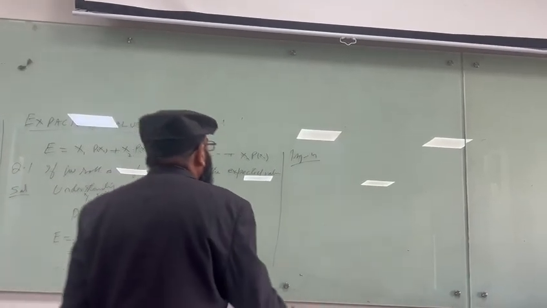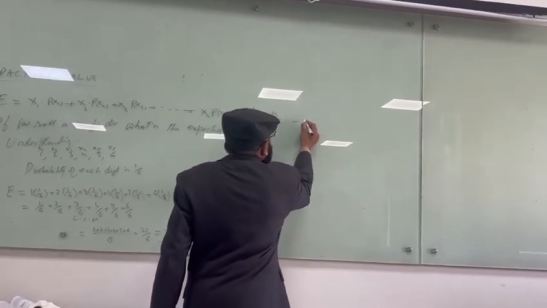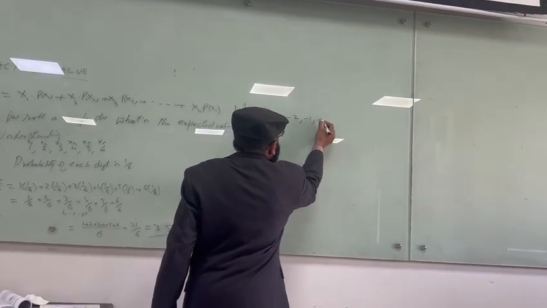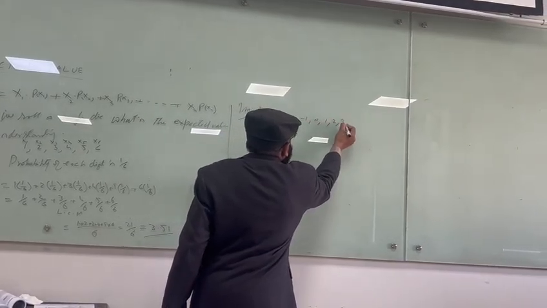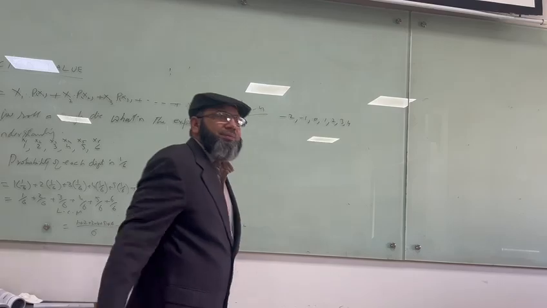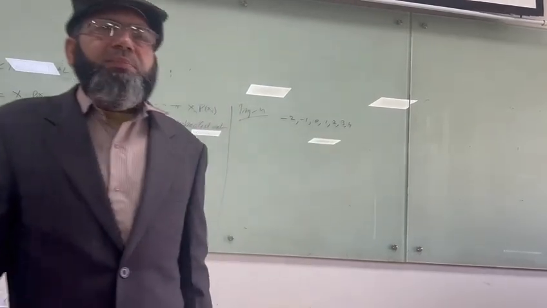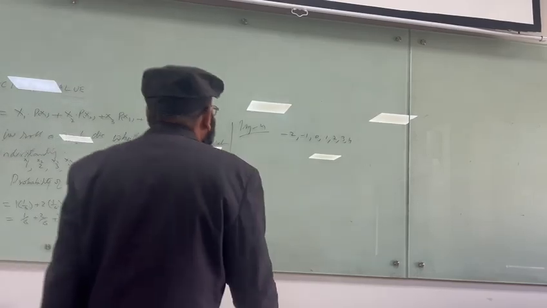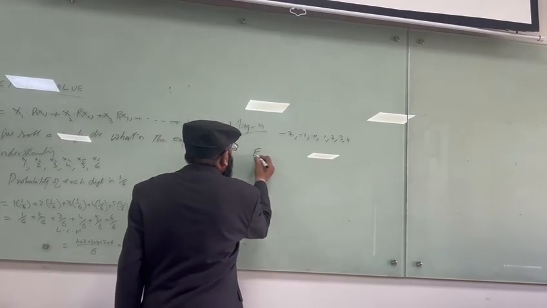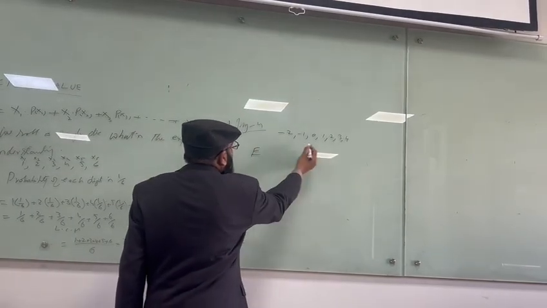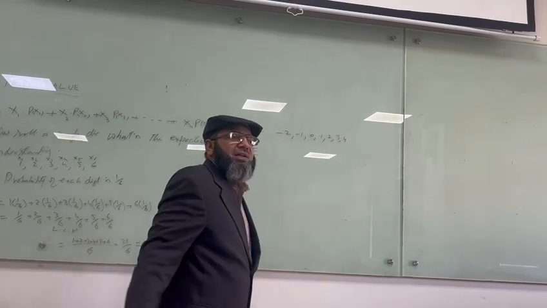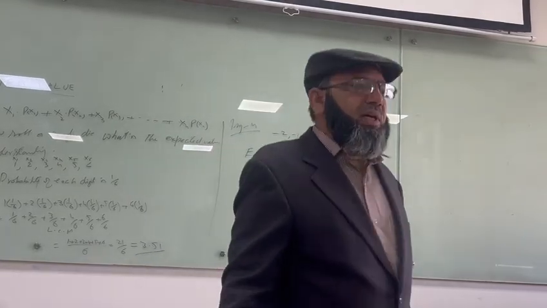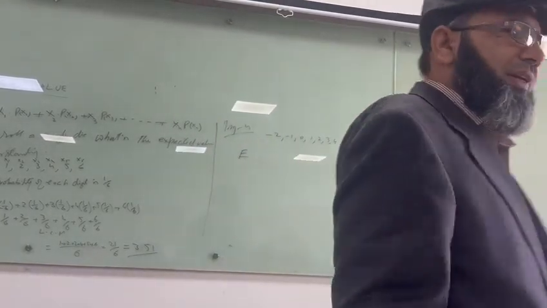First, the numbers are -2, -1, 0, 1, 2, 3, 4. These are 7. So x1 is -2, x2 is -1, then 0, and so on. Expected value of this: total numbers are 7, so each number has probability 1 by 7.